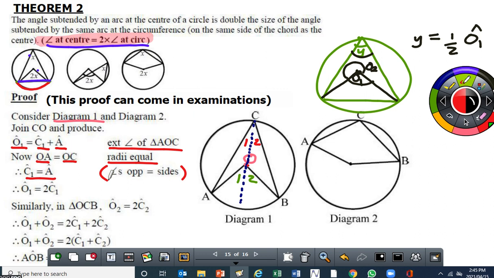That's what is required based on examination guidelines. This reason is a common one which appears in examinations or in questions on geometry. So if you prove that two angles are equal in any triangle, the reason that you must give is angles opposite equal sides.